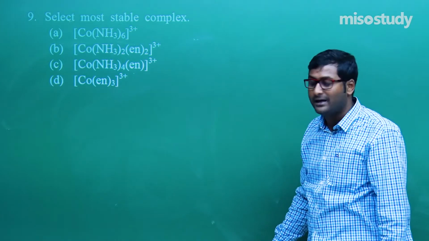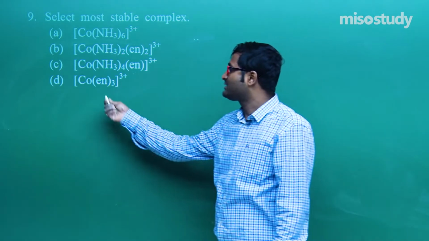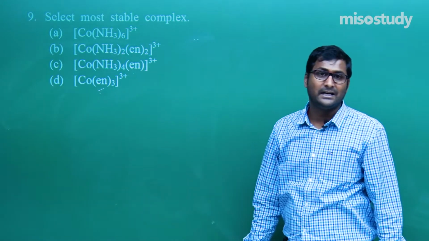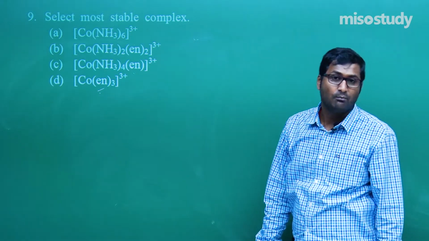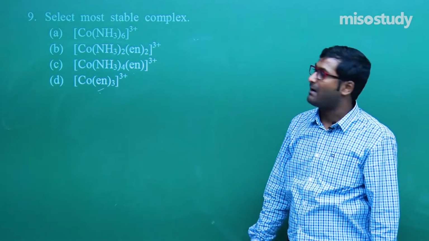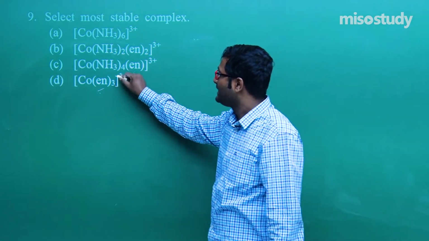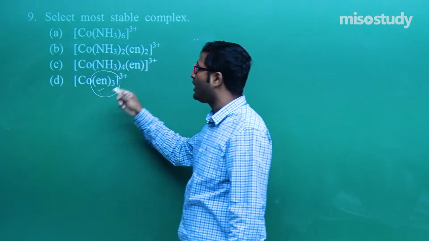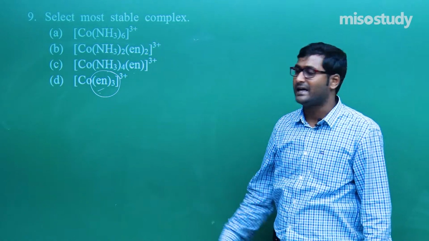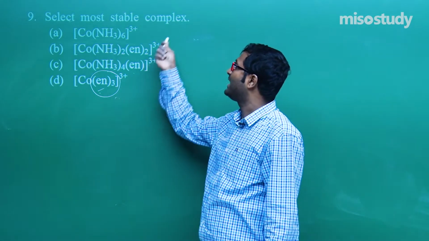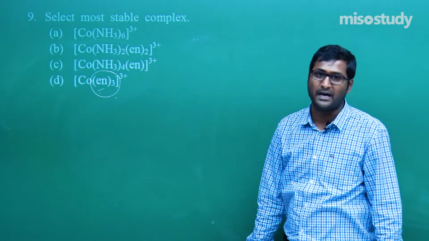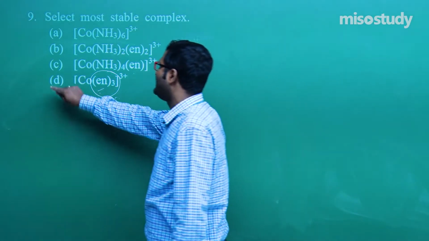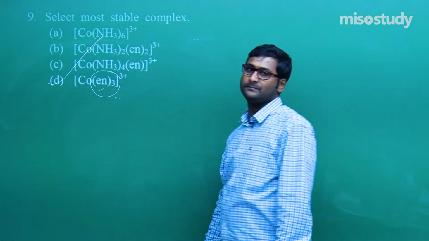As I told you earlier, more attachment of bidentate ligands means more chelation, more stability. So due to the attachment of 3 bidentate ligands, this complex is the most stable. So for this question, D is the correct option.